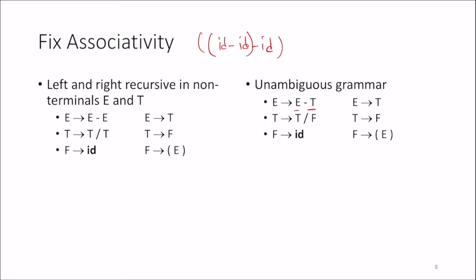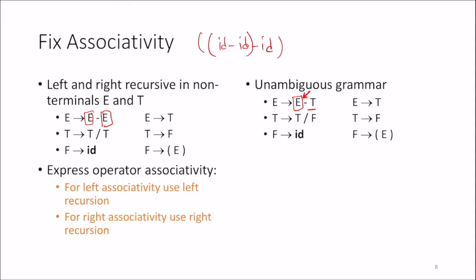E minus T guarantees that if I want to do two subtractions one after the other, I need to do it using left recursion only, rather than having a choice between left recursion and right recursion. If you remember, I had a choice: I could do either left recursion or right recursion. But here I'm taking away that choice and saying you can only do left recursion because we want left associativity. If you wanted to enforce right associativity, you would use right recursion.